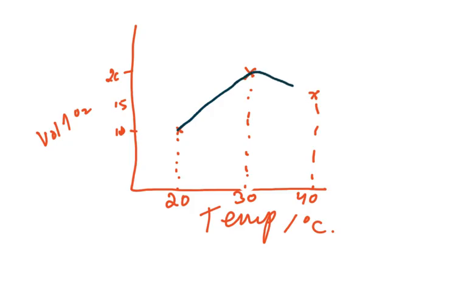So you connect this point and then you connect this point. But say you had more readings between 30 and 40, and you had a point here, and a point here, and a point here, because you took readings between, say, 32, 34, and 36.